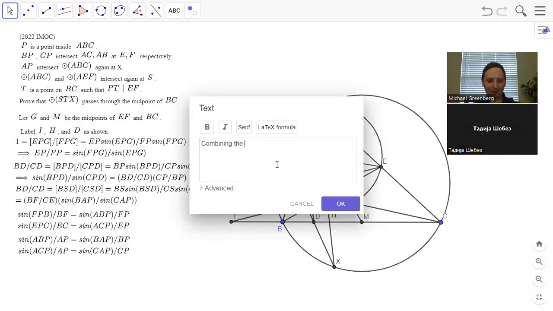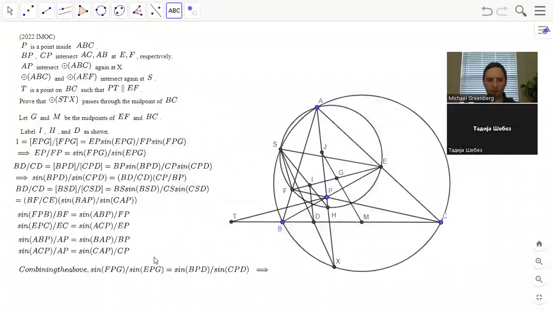Combining the above, sine FPG or sine of EPG is equal to sine of BPD or sine CPD, and that means that it flips the ratio.